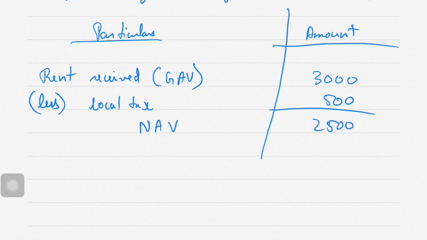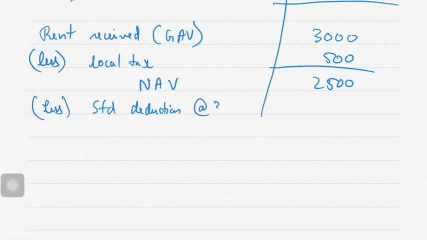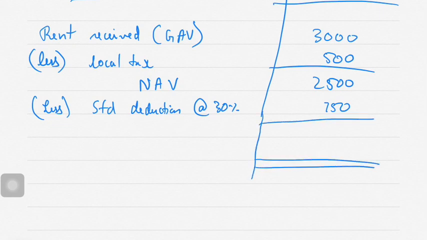So NAV, net annual value, is 2500. Okay, so less deduction. There are two deductions, right? One is standard deduction of 30% and one is interest on loan. There is no interest on loan, only standard deduction. So less standard deduction at the rate of 30%, it comes to 750. So income from house property will be 1750.